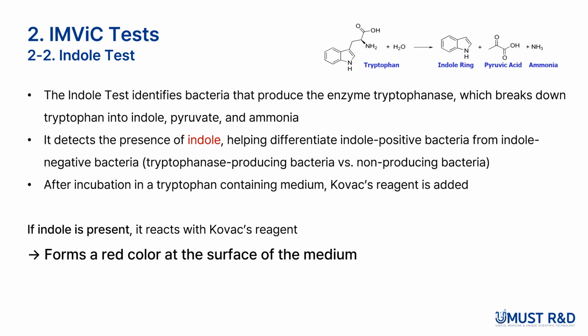The indole test is used to determine whether a bacterium can break down tryptophan into indole using the enzyme tryptophanase. This test is particularly useful for distinguishing E. coli from Enterobacter spp within the Enterobacteriaceae family. Tryptophan is an essential amino acid that can be oxidized by bacterial enzymatic activity.